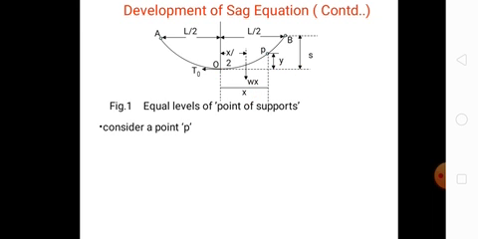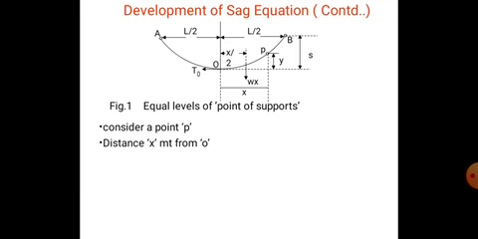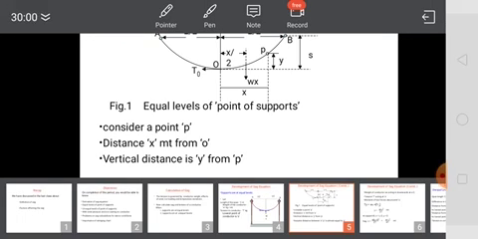Consider the point P at a distance x meters from O. The curvature OP is very small, so the curved length is equal to the horizontal projection.